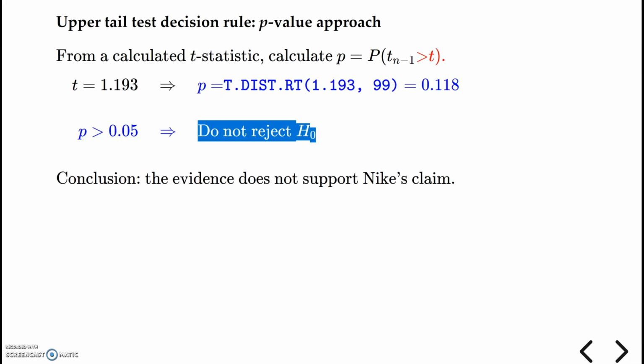The alternative hypothesis was that mu is greater than 208, meaning that we did not reject the null hypothesis against the alternative that mu is greater than 208. We can conclude that the evidence did not support Nike's claim. Okay, that's how we arrived at a conclusion based on the p-value approach.